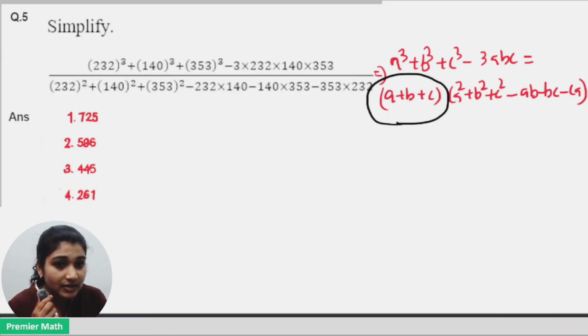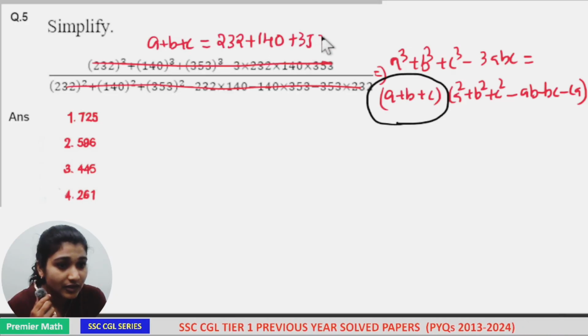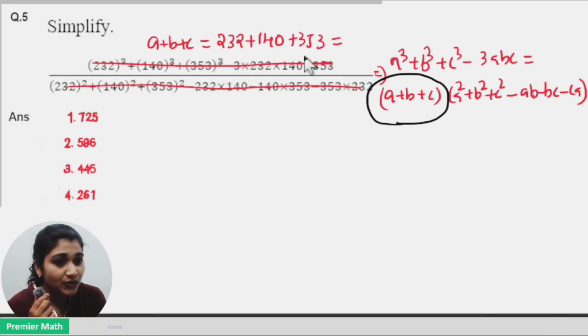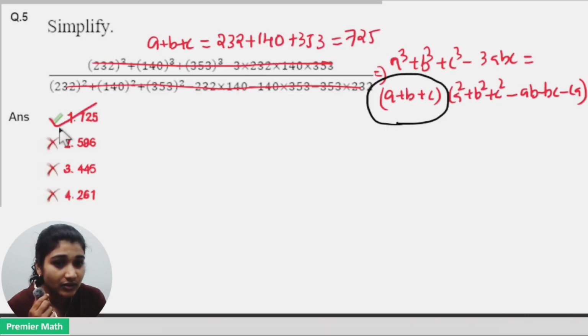That is, the denominator goes a plus b plus c times in numerator. A plus b plus c is equal to 232 plus 140 plus 353, which is 600, plus 53 plus 40 is 93, 93 plus 295, 125. So total 725. Option 1 is your answer.